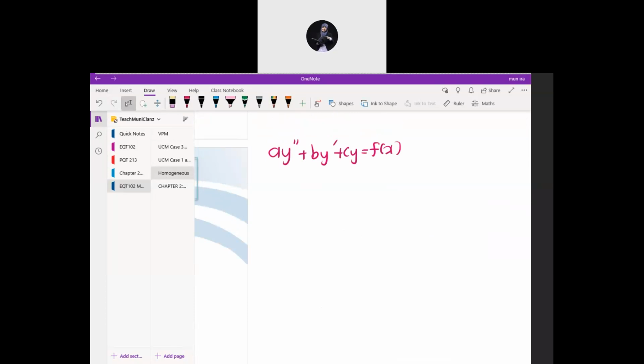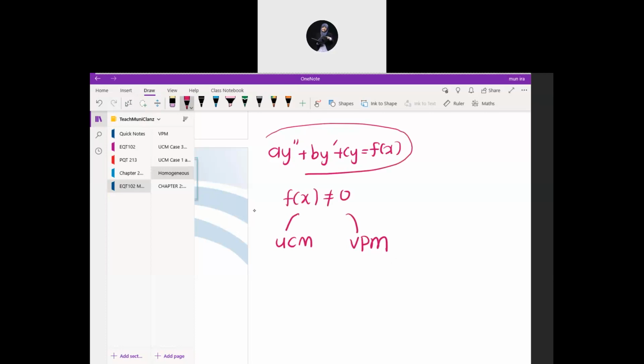If f(x) is 0, we call this equation homogeneous, and if f(x) is non-zero, then we have UCM or VPM to solve the problem. UCM and VPM can only solve constant coefficient second order non-homogeneous equations, which means you must have this kind of equation. Then only you can solve by using UCM or VPM.